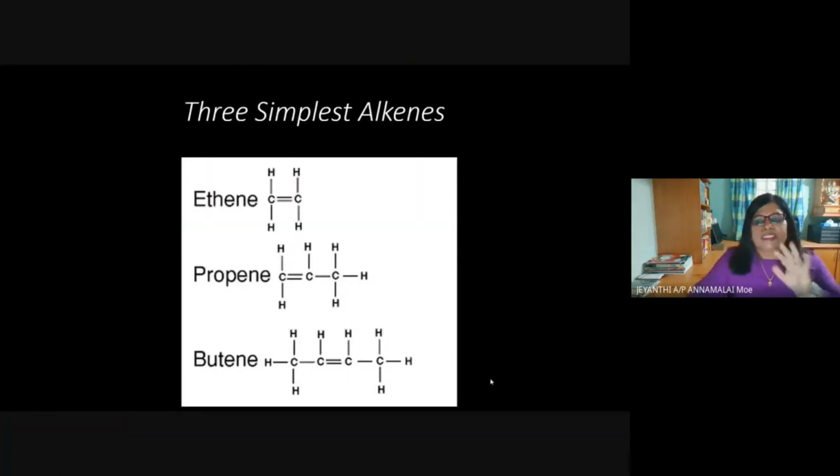So this is the simplest way of writing the molecular structure. Now can you see or not? They have a double bond. So what is important? You must check whether the C got 4 bonds or not. Here got 1 bond, and then here got 2 bonds. Here got 1 bond. Can you see that, everybody?